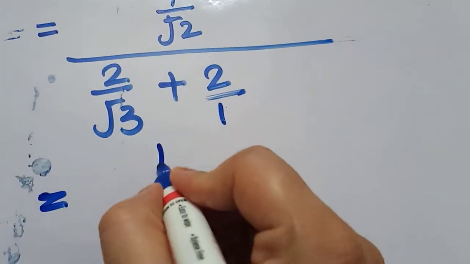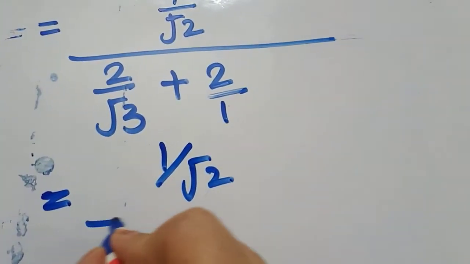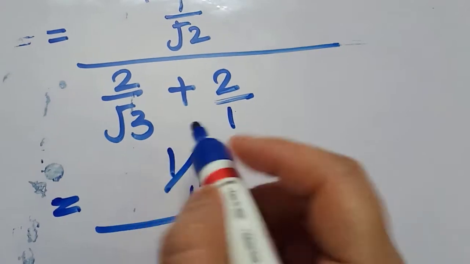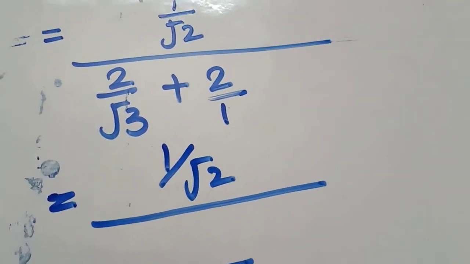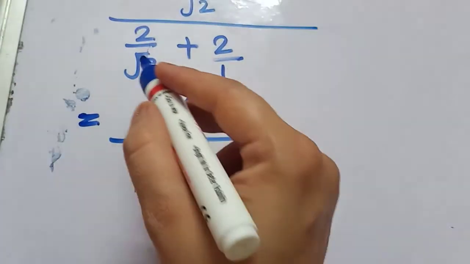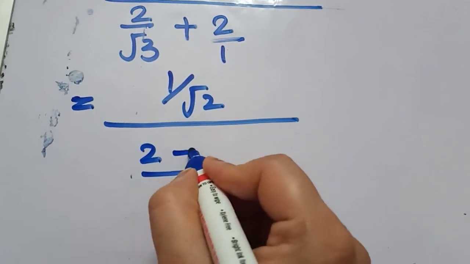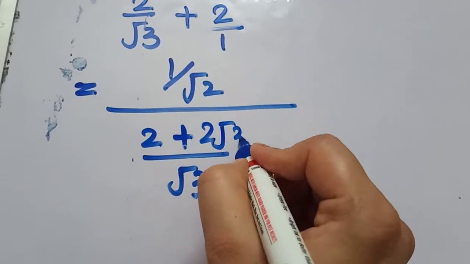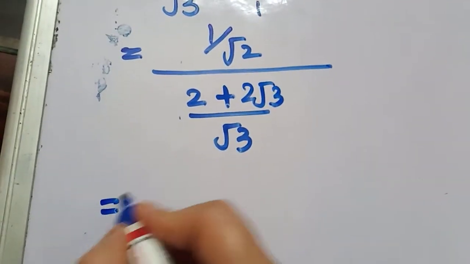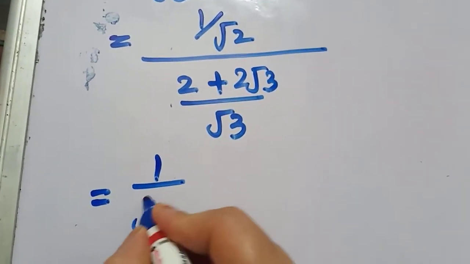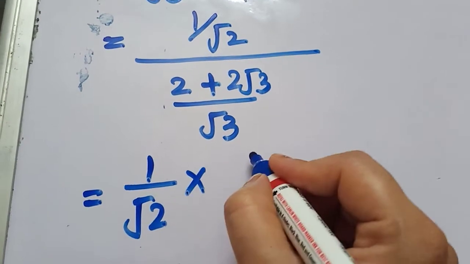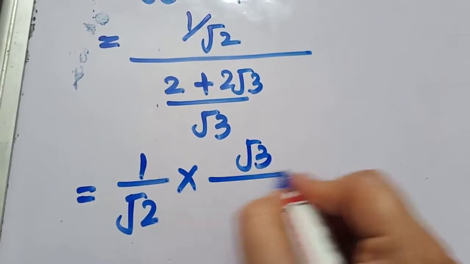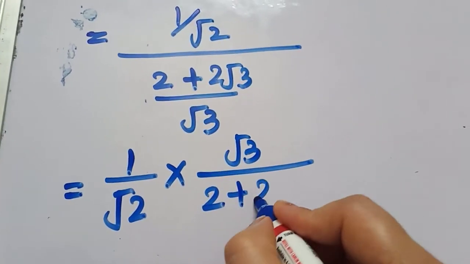Now in the denominator part we will take the LCM, that is root 3, and the numerator becomes 2 plus, we will cross multiply, 2 root 3. Now we will write it as 1 upon root 2 into root 3 upon 2 plus 2 root 3.